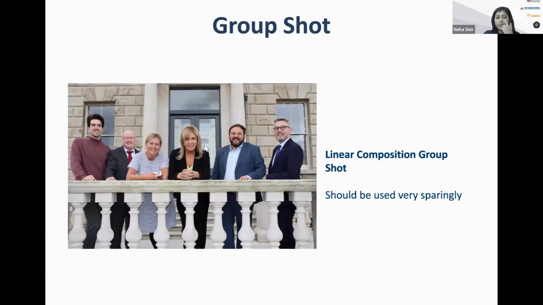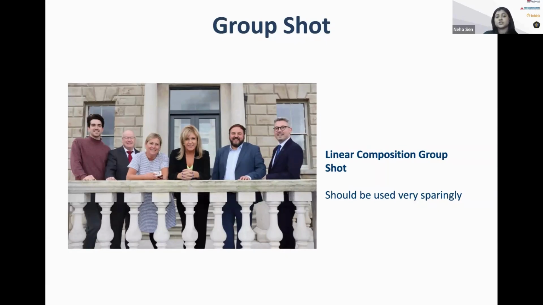Can you put your hand on the bolts rod? And by doing that, he's caused some kind of variation in the heights and distance from the camera. It might not always be possible. You might not have a prop. So I would highly recommend that you use this shot very sparingly.